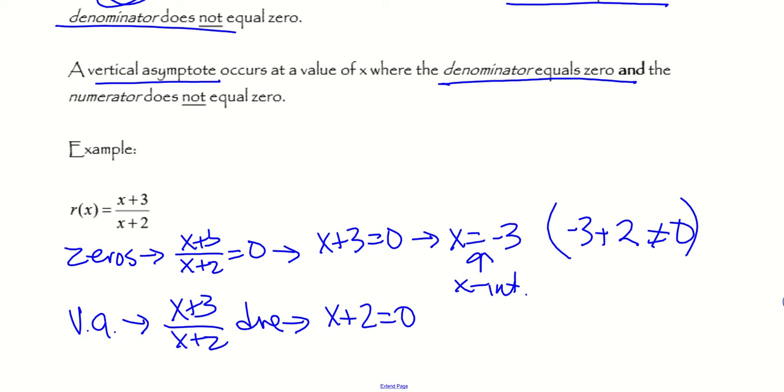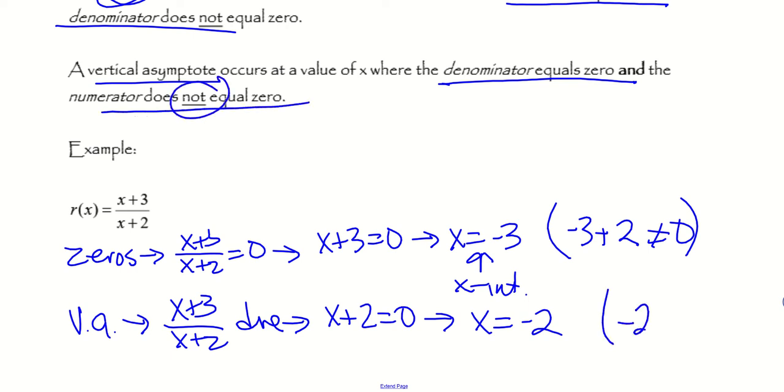So that'll be when x plus 2 equals 0, which is when x equals negative 2. Okay, now, that has to make the numerator not equal to 0. So as a check on that, if I take negative 2 in for x in the numerator, x plus 3, as long as that doesn't equal 0, and it doesn't, then I have a vertical asymptote at x equals negative 2.